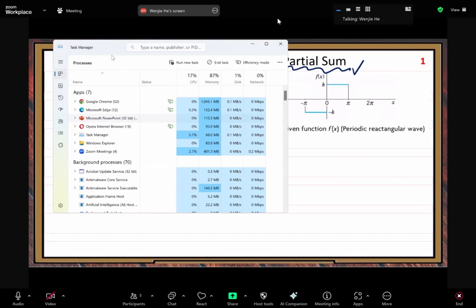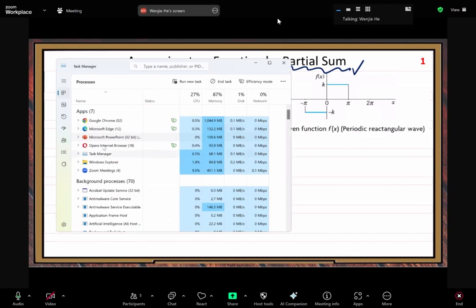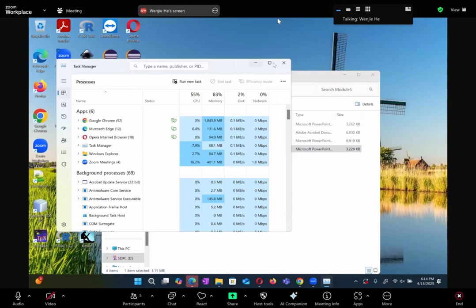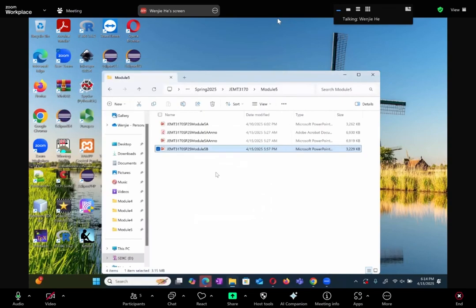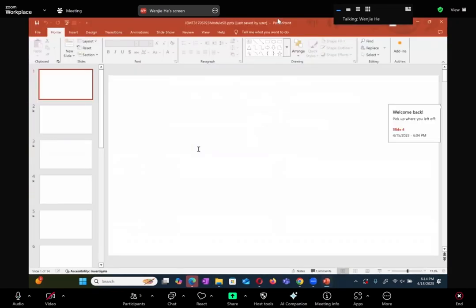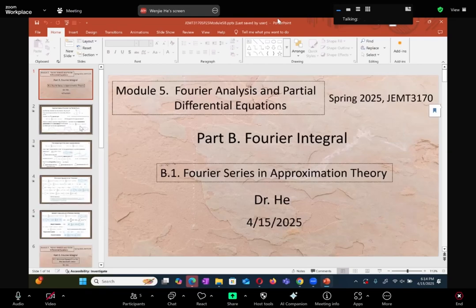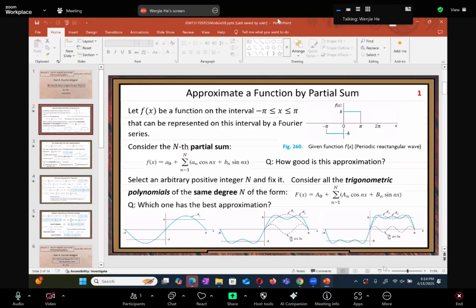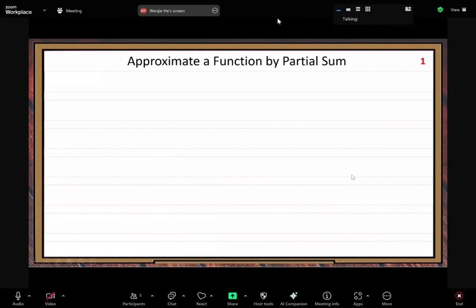Let me see. End the task, PPT, right? End the task. Kill it, okay? And then restart it. All right. Okay. This slide. All right. Play again. All right. Change my pen color.